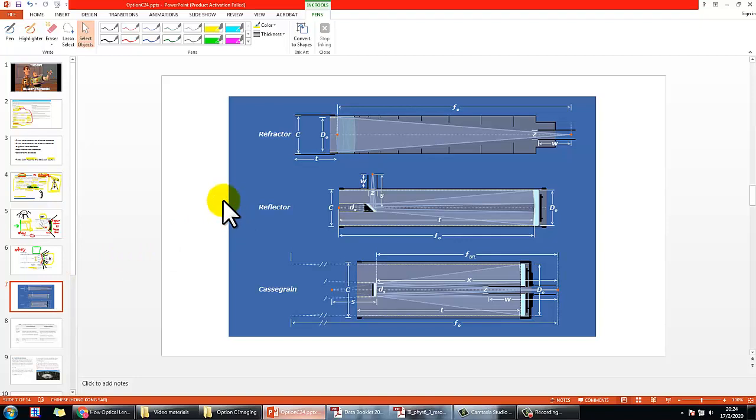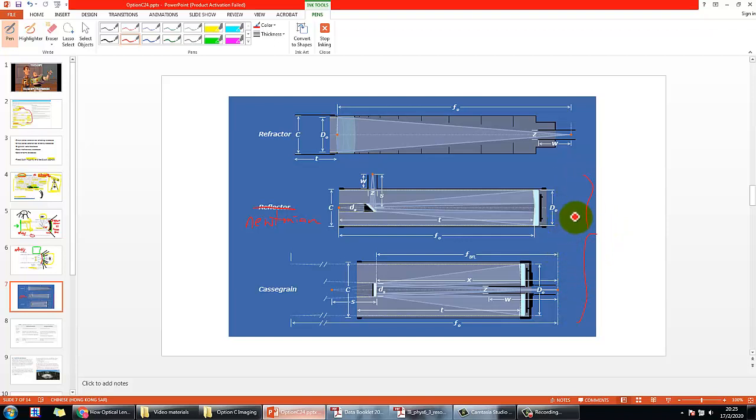Okay, the other thing between Newtonian and Cassegrain, actually this picture I found on Google. I think it's better if you don't say this is reflector, because both of these are reflector, you rather say this is Newtonian kind of telescope. You can see that the Cassegrain, because of its design, is somehow shorter comparing to the Newtonian. So in the, should I say industry, or maybe I should say people who are having such hobby, it's actually quite controversial.